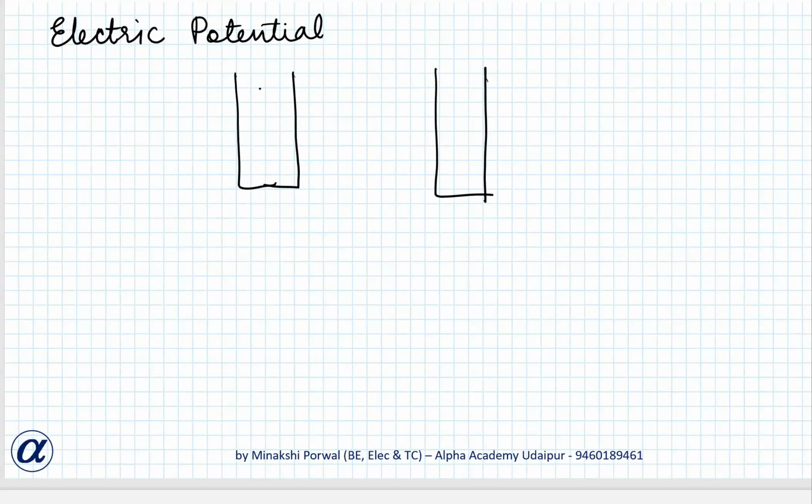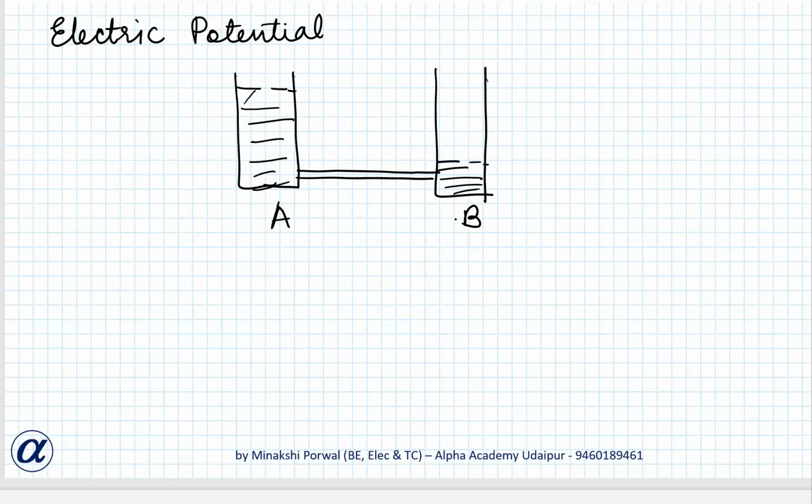One of them is filled till here, one of them is filled till here. And they are connected by a pipe. So water will flow from tank A to tank B. If they are connected by a pipe, water will flow from tank A to tank B.